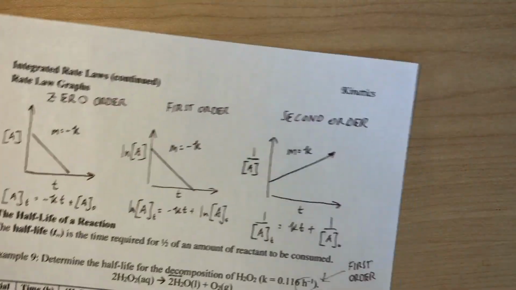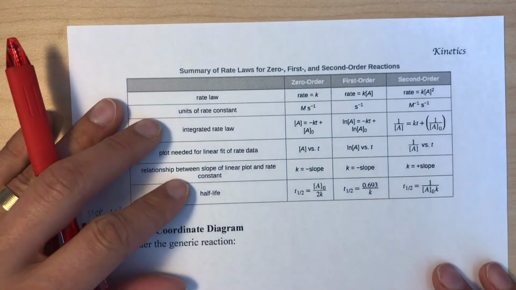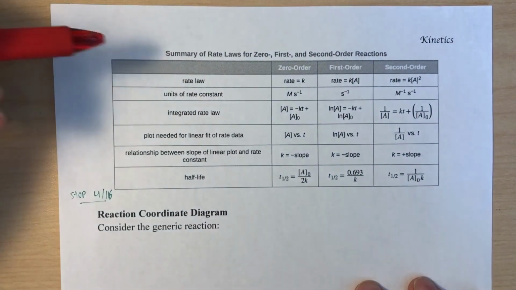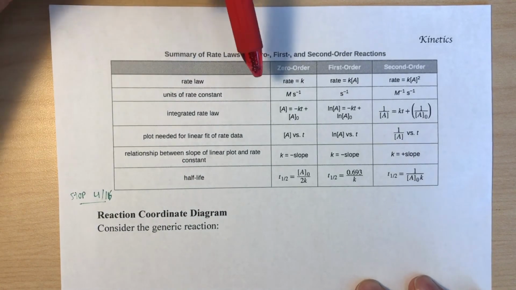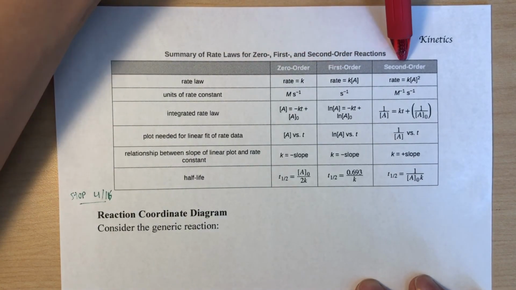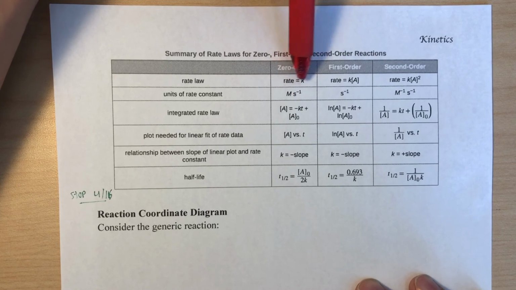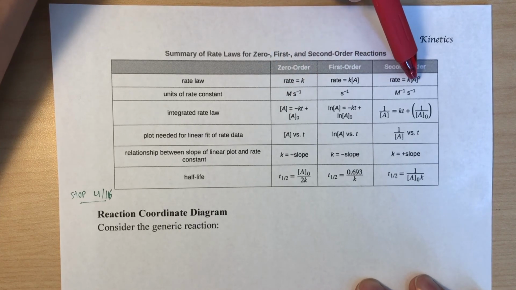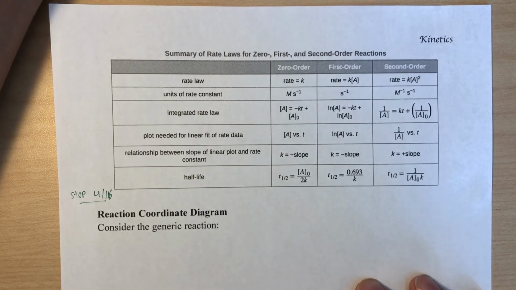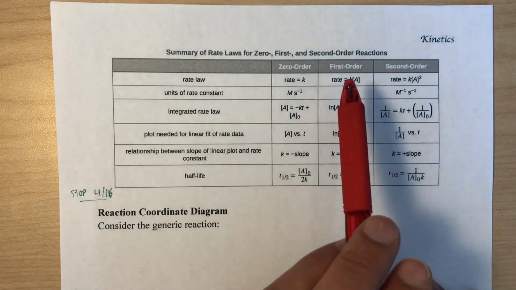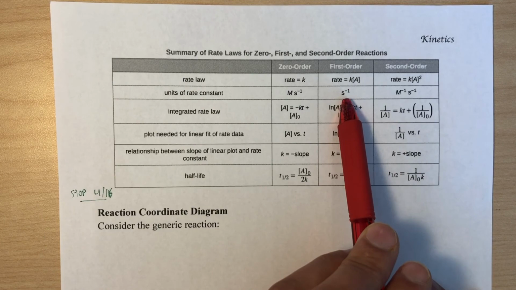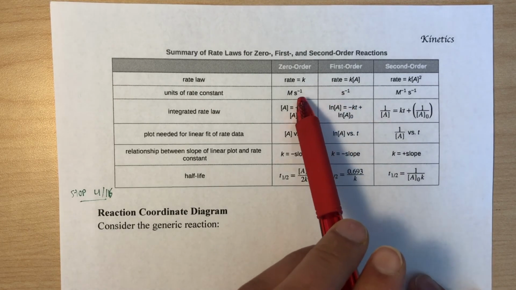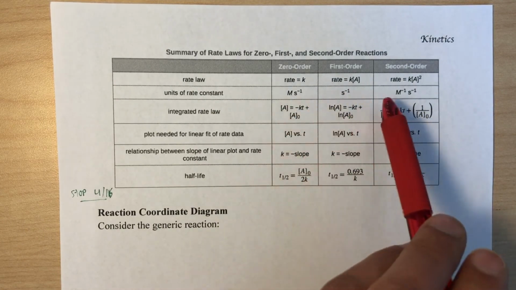Finally, on our next page, we can summarize a bunch of rate law information. Our information for rate law is summarized in columns for 0, first, and second order, where rate is equal to k for zero order, k times A for first order, and k times A squared, or possibly A times B, for second order. Our units for a first order reaction are inverse seconds, or any inverse time, and we have different units for 0 and second.